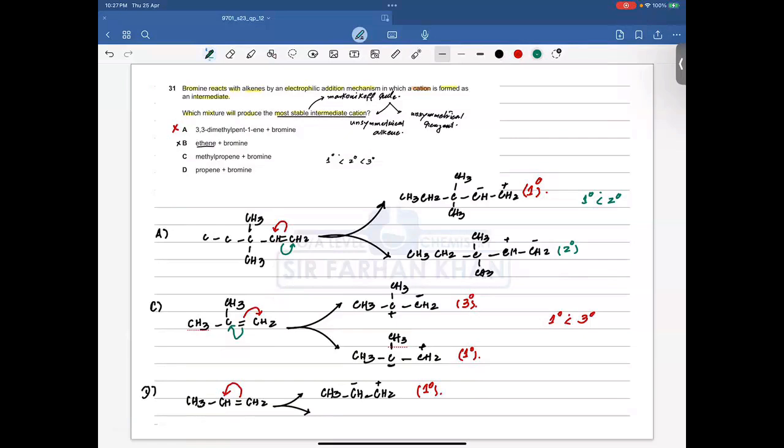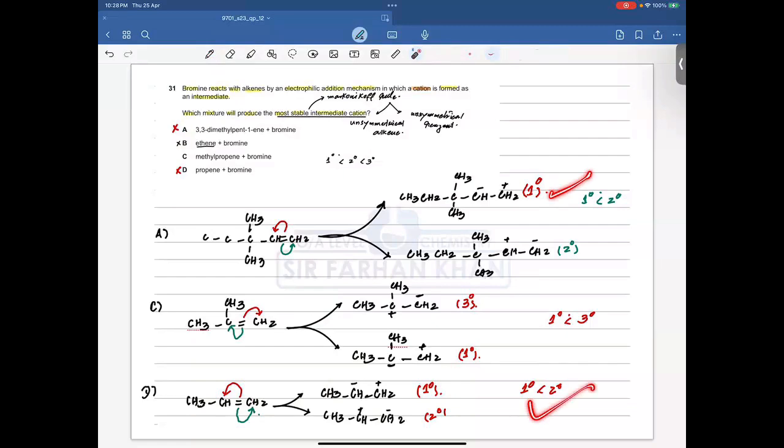What if I shift pi bond onto this carbon atom? If I shift pi bond onto CH2, obviously this CH is going to be positive and this CH2 is going to be negative. And obviously this is a 2 degree carbocation. So 2 degree carbocation is more stable than 1 degree carbocation. So look, option A and option D are incorrect because in option A, we have 2 degree more stable than 1 degree.